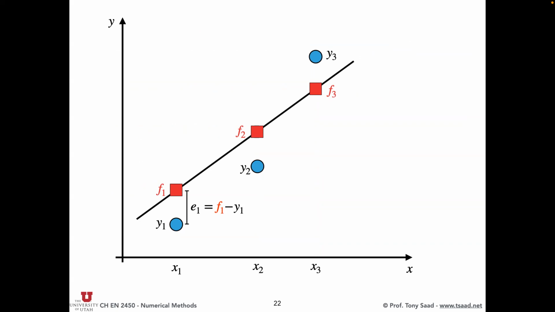It's the difference between your model prediction and your actual observation, correct? You know this y1 is given to you. Eventually, we're going to find f1. We don't know it yet at this stage. But this is a legitimate error. Same thing for all the other points. You have E2 and E3. It's clear so far, I hope.